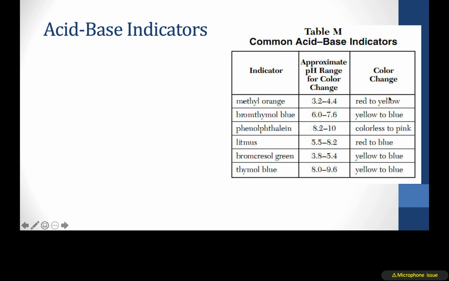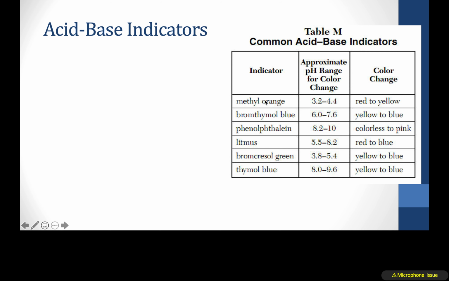A common misconception here is that methyl orange would be bad if you're trying to distinguish between two solutions that are in this range. Because if it's a pH of 4, it's going to be in between red and yellow, and that's why they call it methyl orange. It's going to be orangey, and that's not going to help us at all because we won't know where it is in the range.